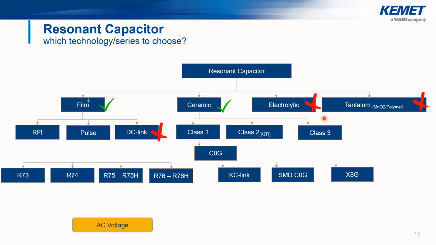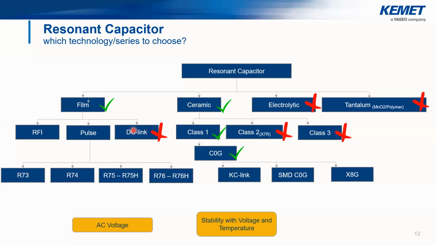So the two families that can be selected are the film capacitors and the ceramic capacitors. And we see that from the film capacitors, we have not selected the DC film capacitors because they are mainly designed for DC voltage. And when we apply AC voltage across them, we will lead to a different failure mechanism than the one the capacitor is designed for.